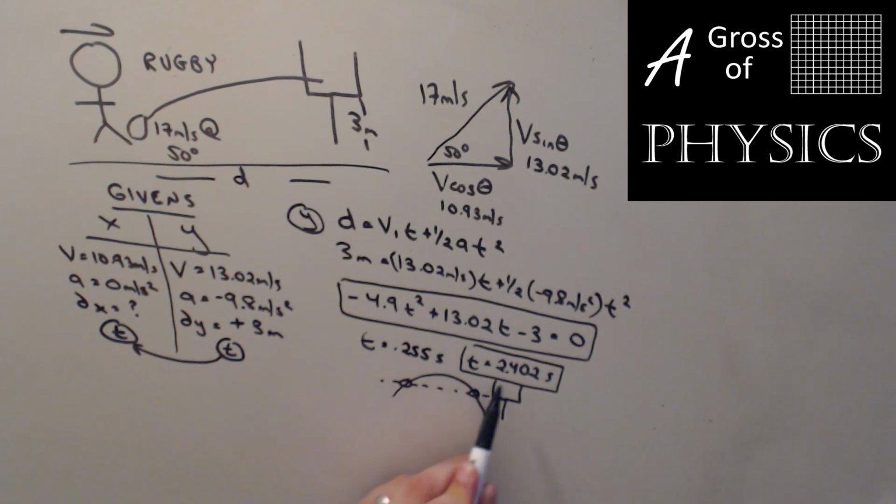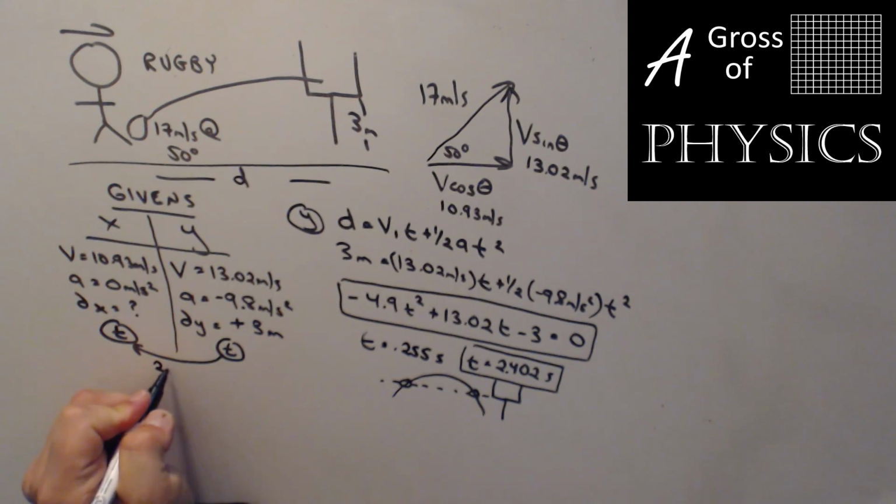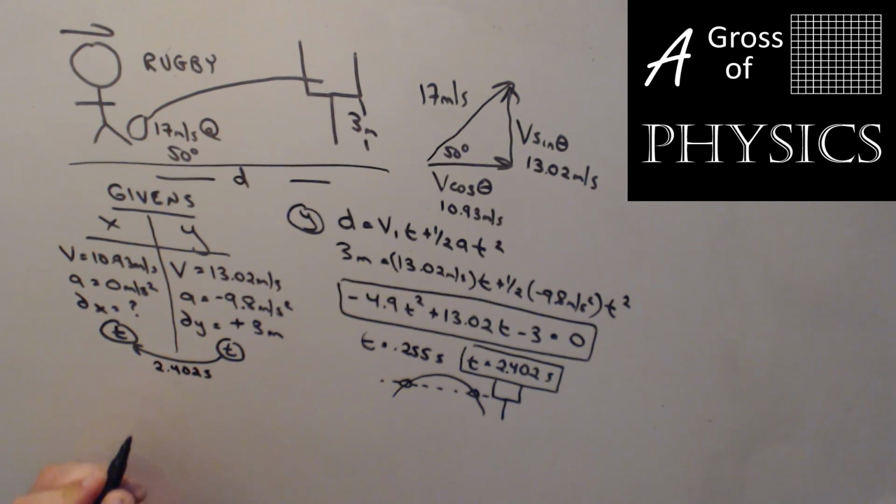To get the farthest distance, we'll use the bigger one, because it'll be on its way down. So when I plug my t in, I'm going to use 2.402 seconds. Before, we did the soccer problem, where we calculated both, and those were the two spots they could have been located, and it wasn't as clear. This one is the farthest, is what the question asks.